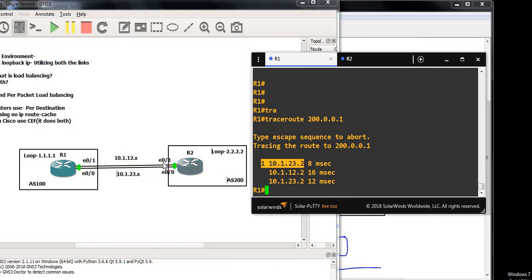So the very next packet is going via Ethernet 0/1. Okay, so again the next packet is going via this. So it is doing load balancing across the two links.